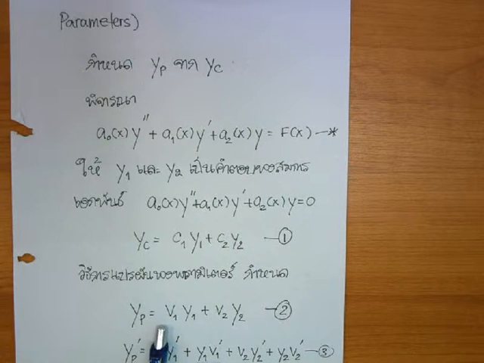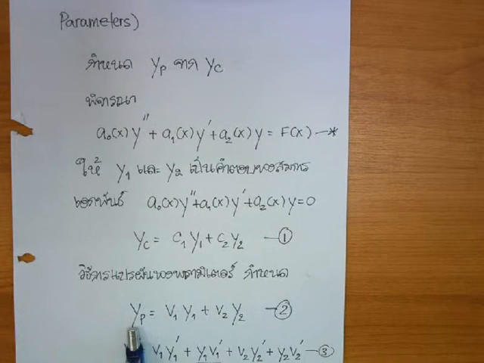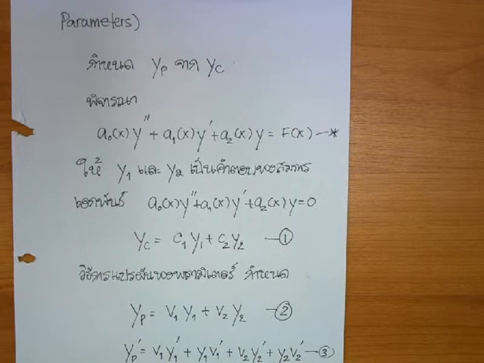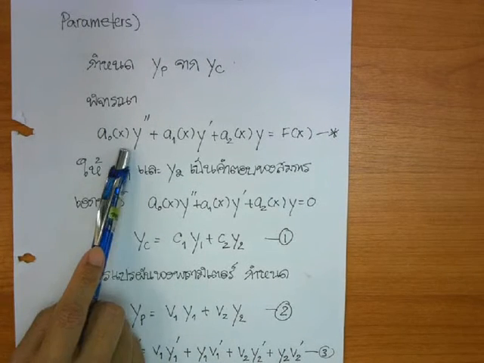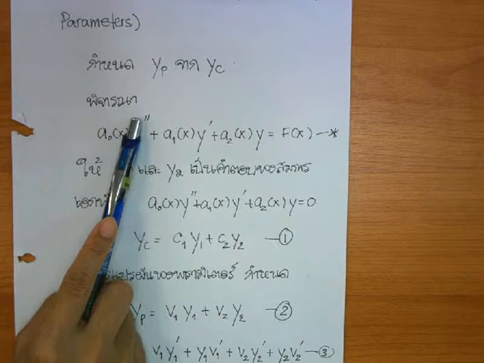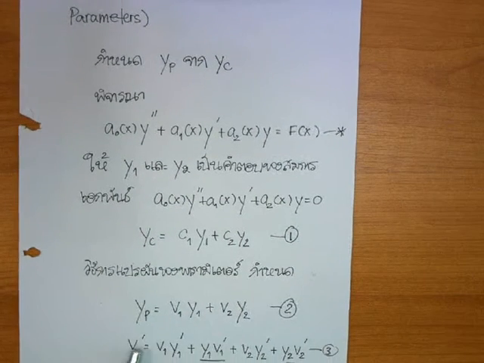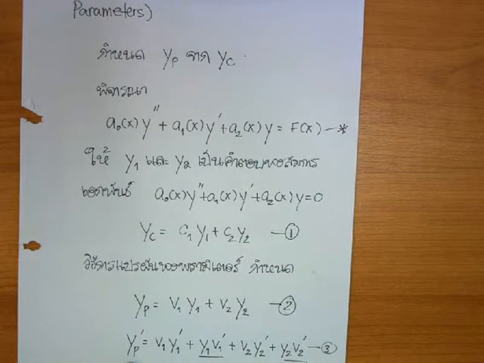The way to find v1 and v2 is that we plug the value of yp into the differential equation. Our differential equation is second order, so we have to take the first derivative of yp and the second derivative of yp.